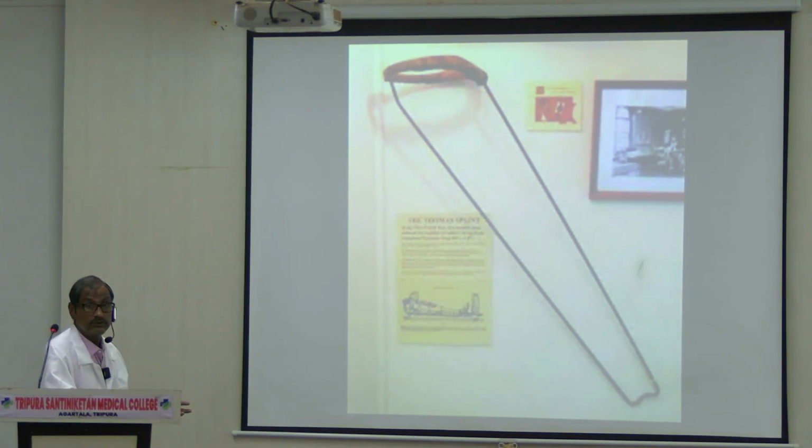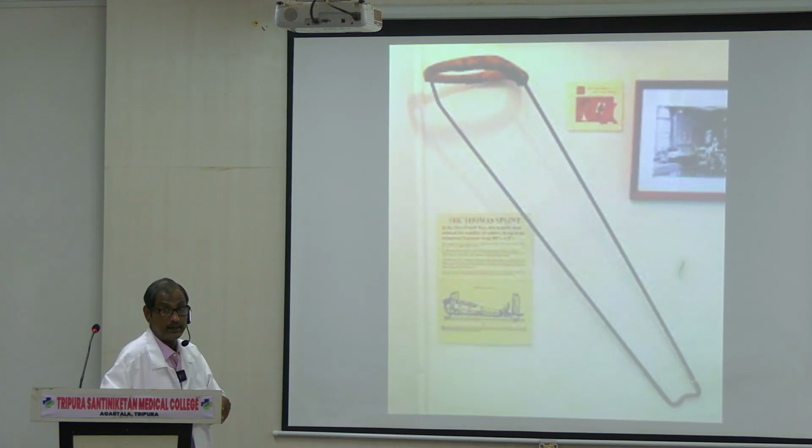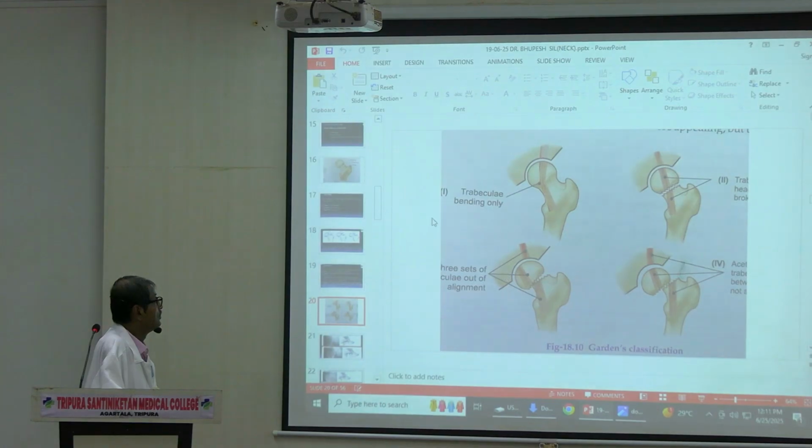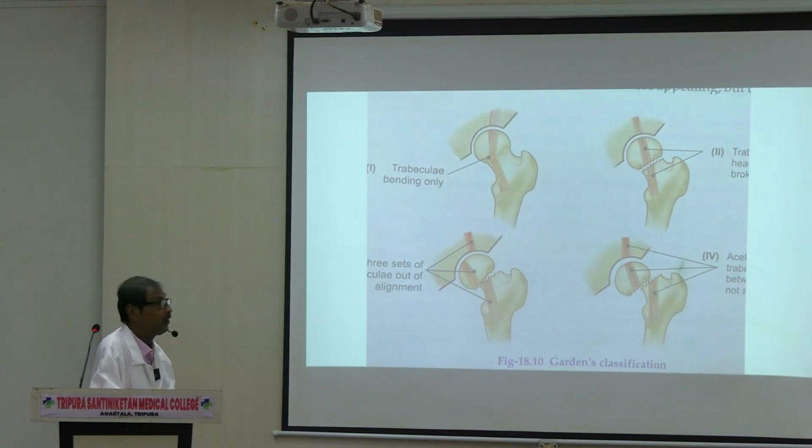He was a British bone setter. His nephew was also a famous surgeon, Robert Jones. They are uncle and nephew, both famous for their inventions. So when the patient comes, we will tell the patient to take rest on this Thomas splint, or we will go for operation, because the patient will not obey and he or she will walk.